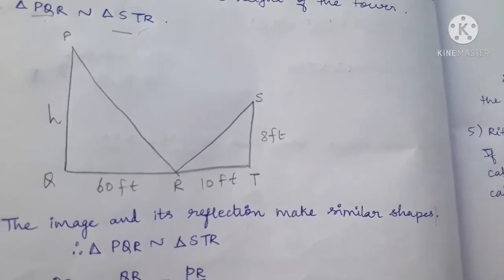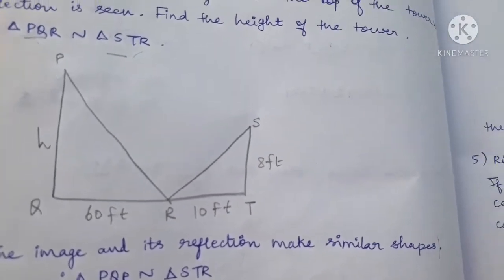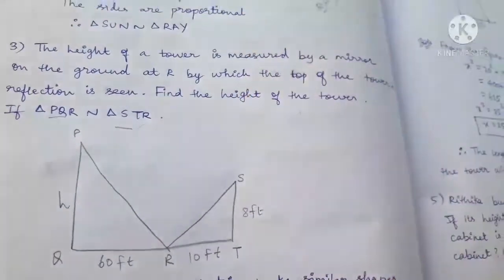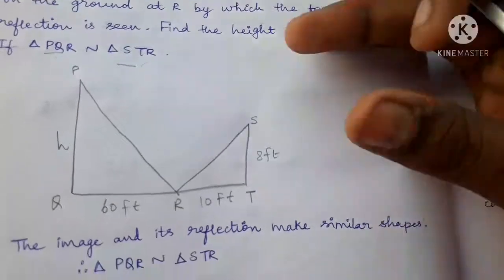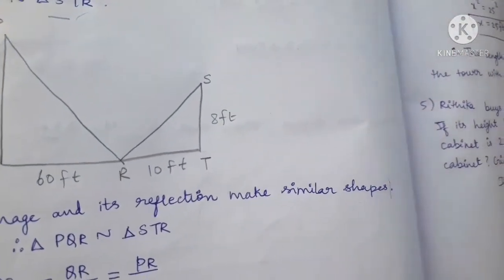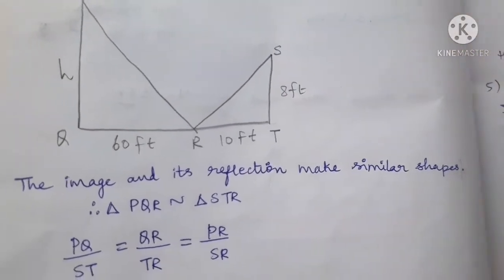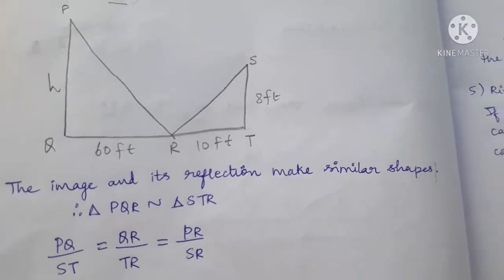You will have the same nose but in a smaller size. You will have the same eyes but in a smaller size, like that. The mirror image of a tower is also seen smaller than the original one, but they are proportional. That's obvious. They are proportional, but it looks smaller than the original. Always the image will look smaller than the original one.